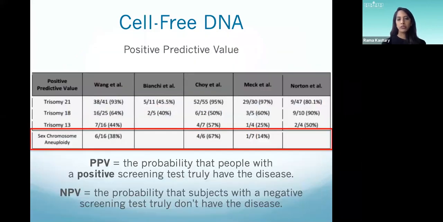So, a quick little look at positive predictive value for sex chromosome variations in cell-free DNA. The positive predictive value for these is actually quite low.